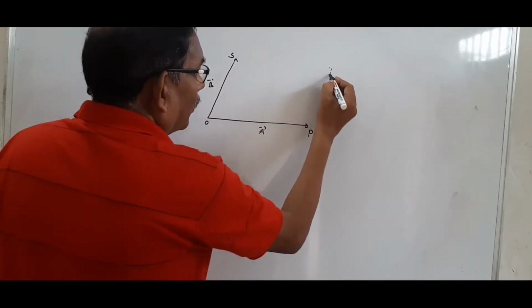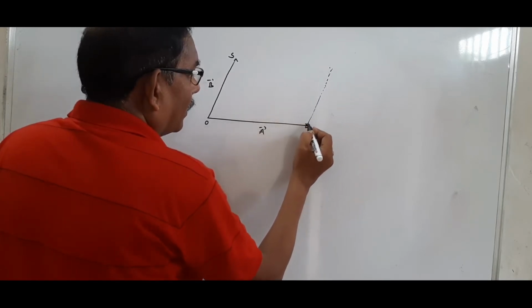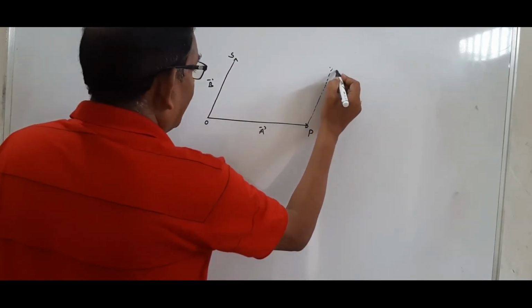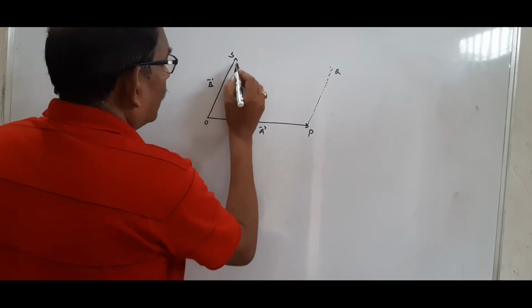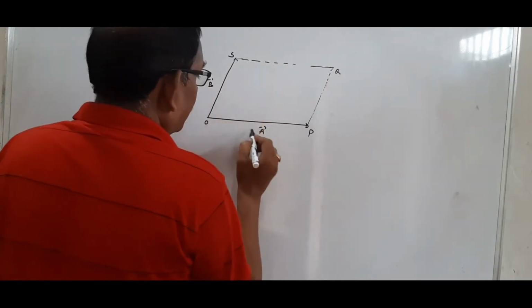Now draw a line here parallel to OS, give the name Q, and also draw a line here by joining OQ.